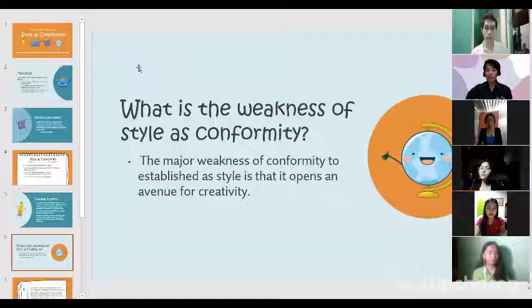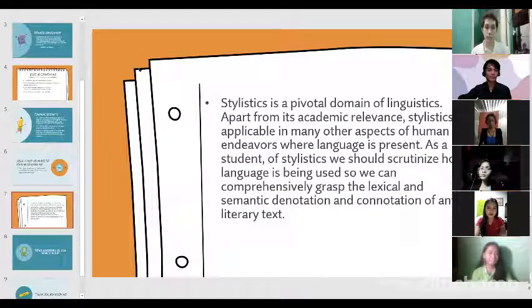Now, let us move forward to our next topic. Stylistics is a pivotal domain of linguistics. Apart from its academic relevance, stylistics is applicable in many other aspects of human endeavors where language is present.